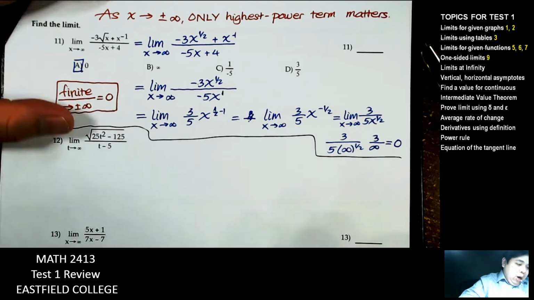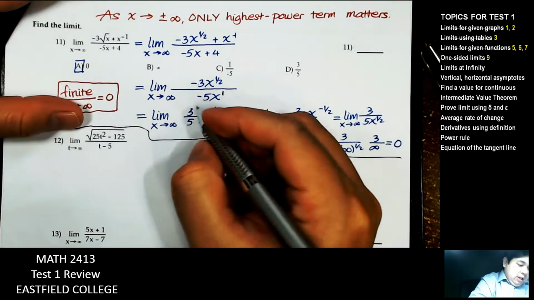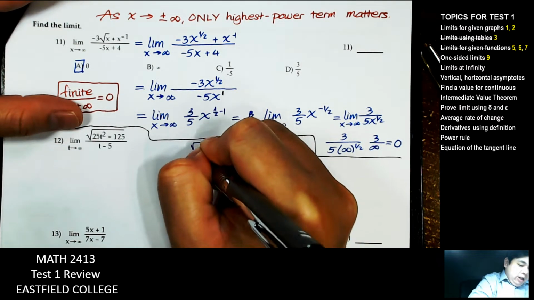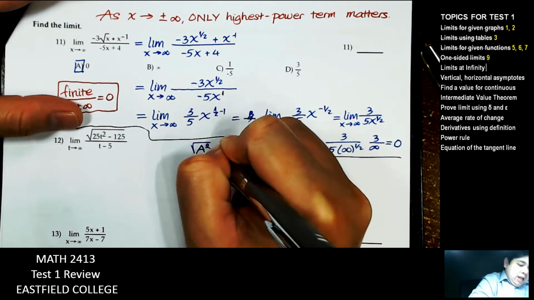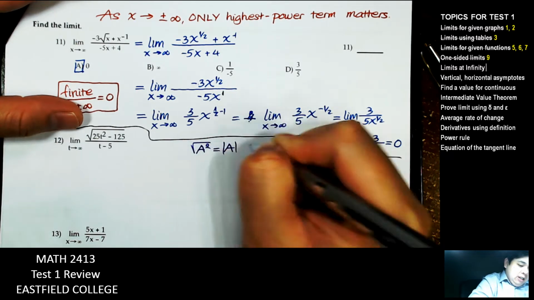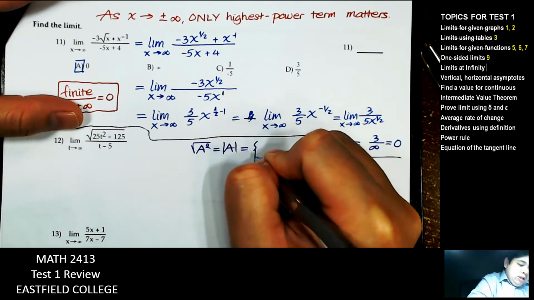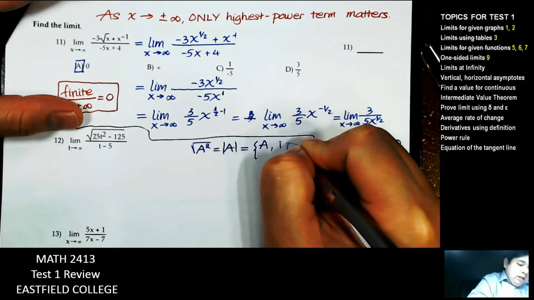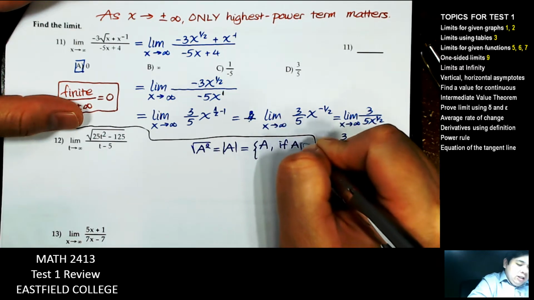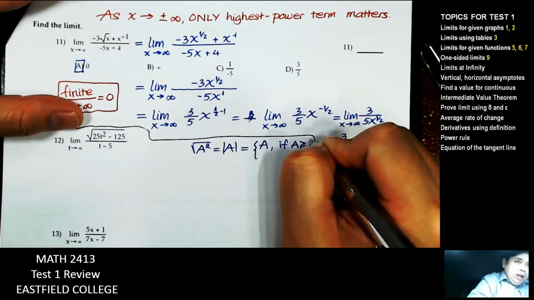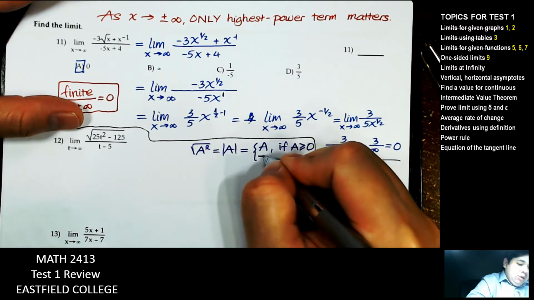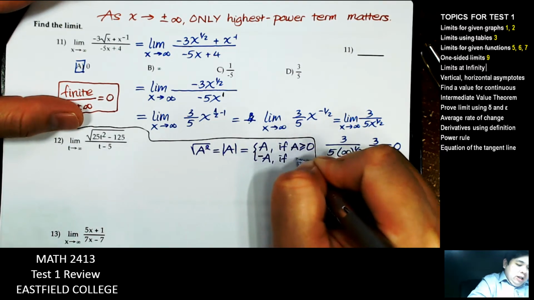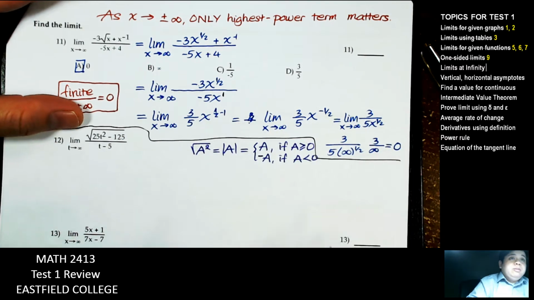Next one, we have a property. The square root of a squared is the absolute value of a, which is itself if it is greater than or equal to 0, and it is the opposite of it if it is less than 0.